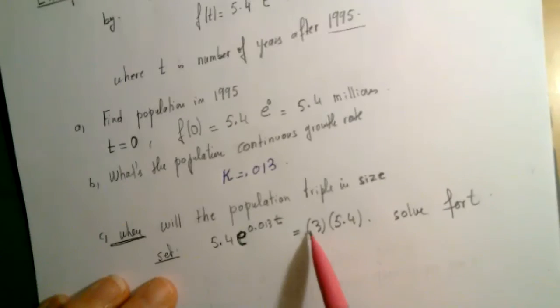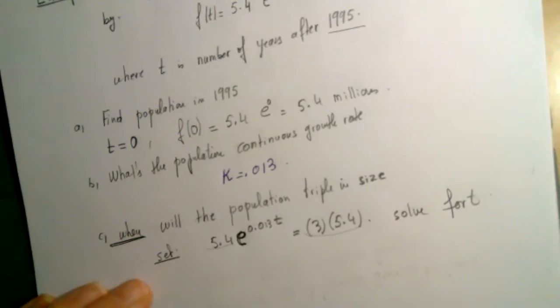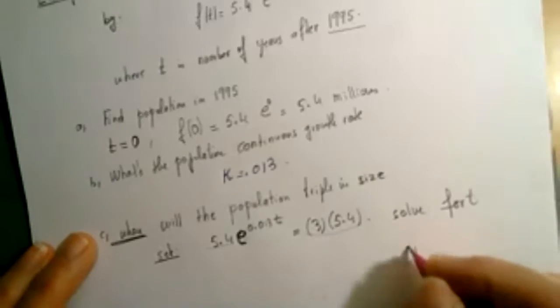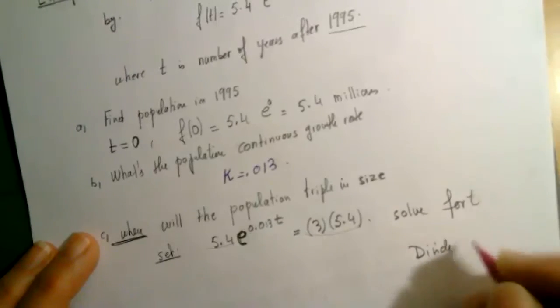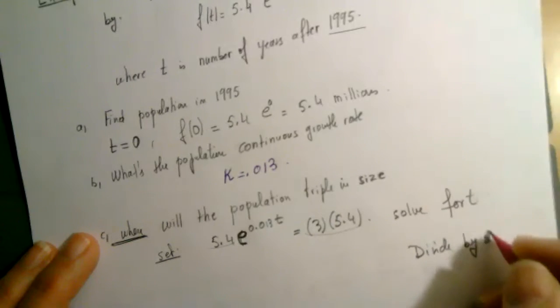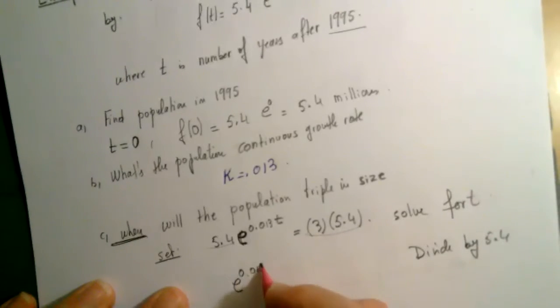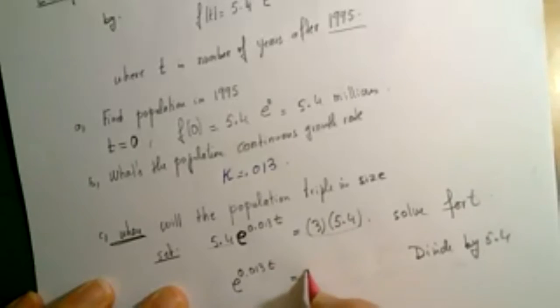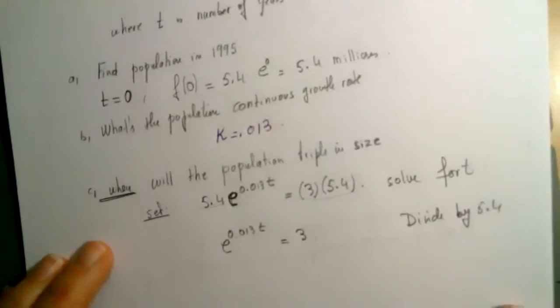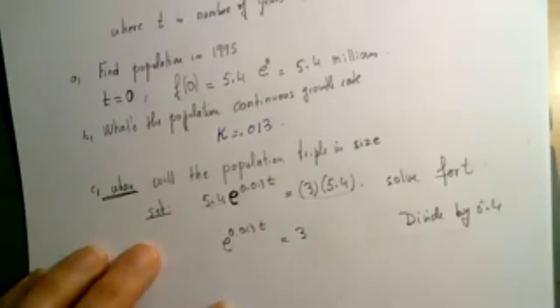You can multiply those out and divide by 5.4, or we divide by 5.4. And I get e to the 0.013t equal to 3. Now I need t.